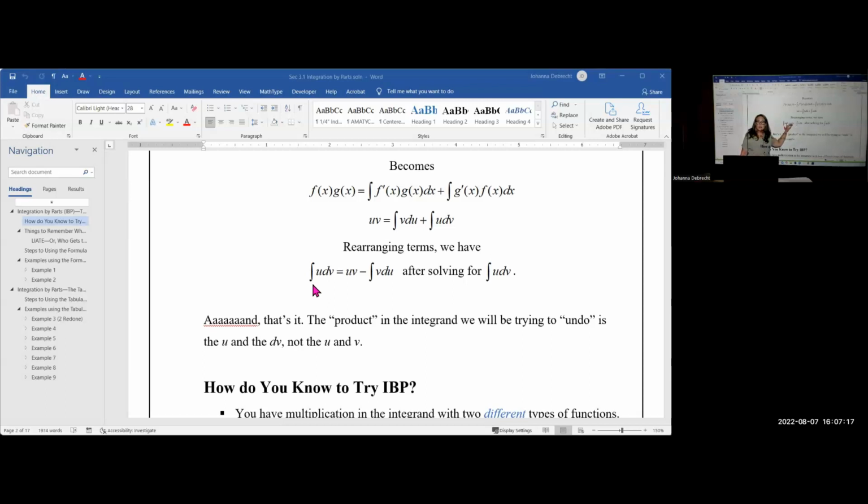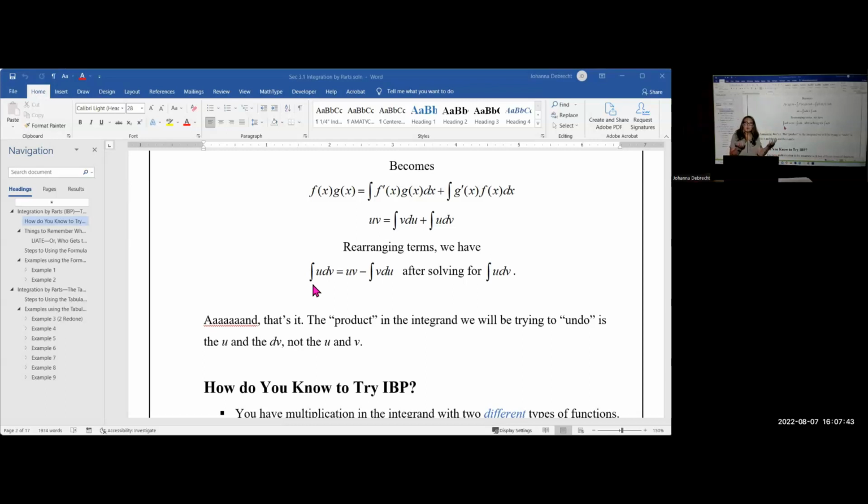So remember, u was f of x and dv was g prime of x dx. So it has that differential loaded into it already. But it is a product, right? We did have a u multiplied by a dv. We did have an f of x multiplied by a g prime of x dx. So we are still undoing a product inside the integrand. And that's what integration by parts is all about.